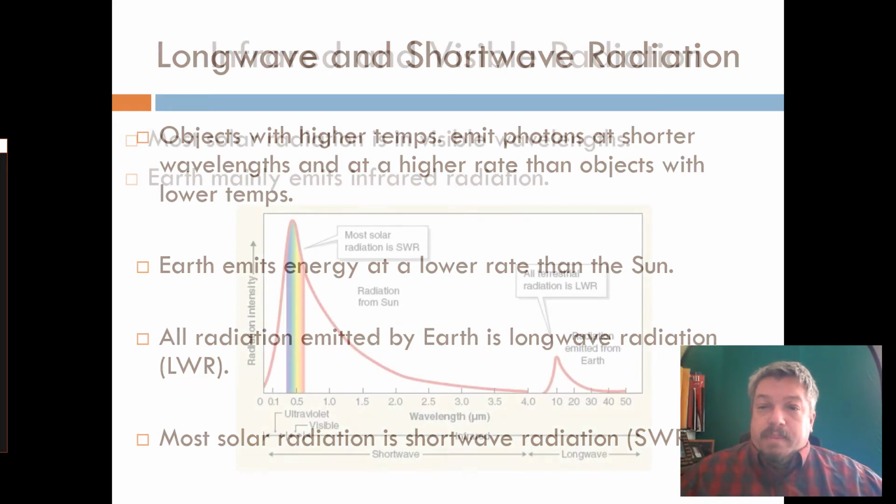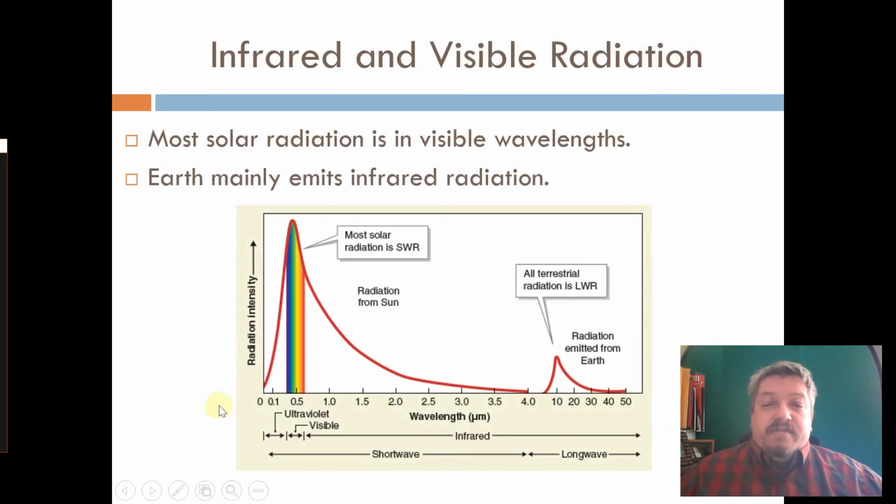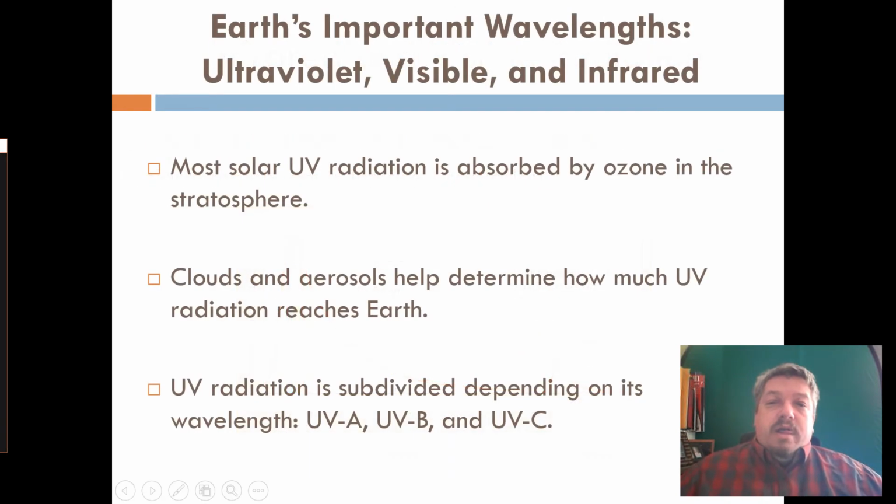Okay? So when you look at what the sun gives us, the vast majority of energy is shortwave radiation, which includes visible light. So we see that. But we do get a lot of other wavelengths too. The Earth absorbs some of that and reflects it. Now, we've talked a little bit about this before in the atmosphere. The ultraviolet radiation, the stuff that we can't see but can damage our cells with the effects of, say, a sunburn, right?